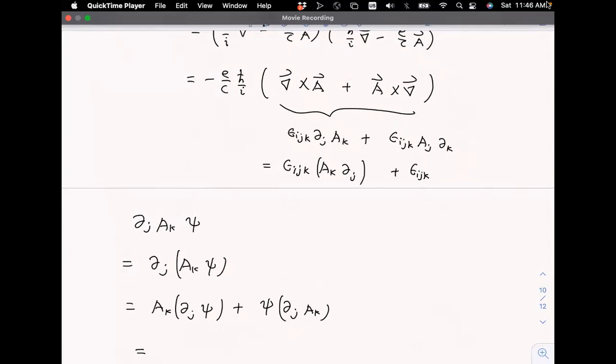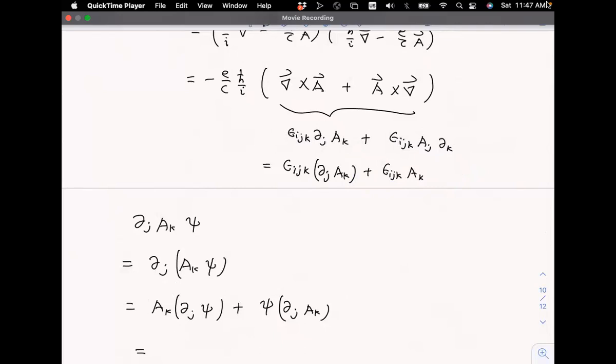And then A_K. Wait, no, sorry. I write this term first. This term is J A_K, use a parenthesis. And then I write the second term first.